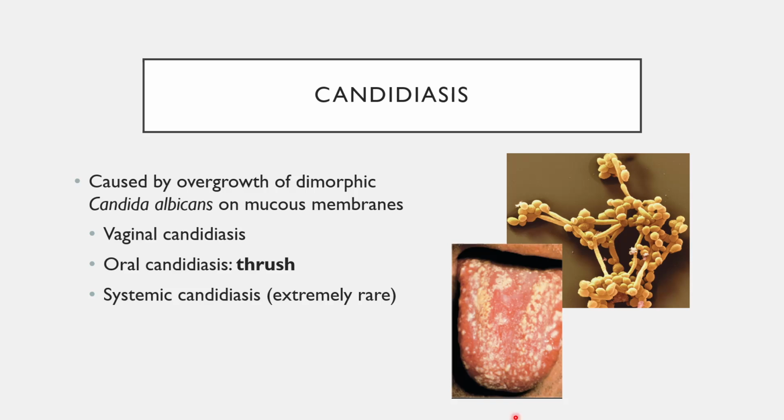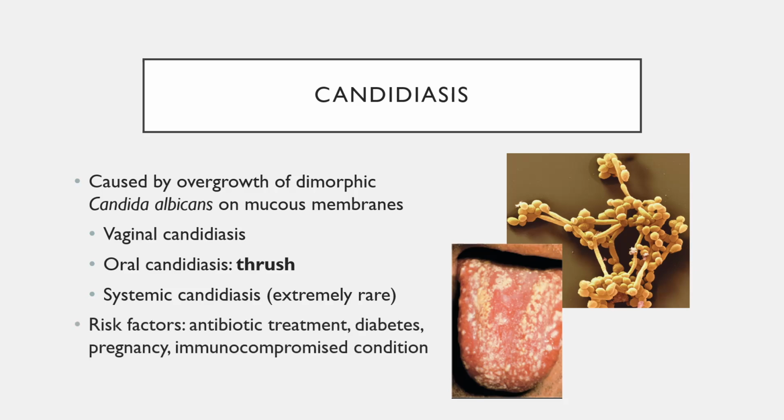We also have oral candidiasis, which is commonly referred to as thrush, and which you can see in this image right here. Systemic candidiasis can also occur, meaning that the Candida albicans pathogen permeates throughout the body. However, this is extremely rare and typically only seen in immunocompromised people, particularly people with AIDS.